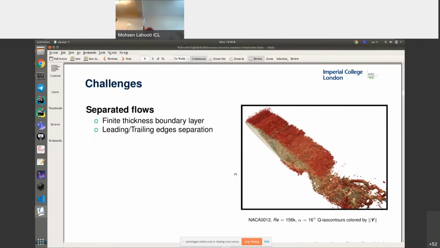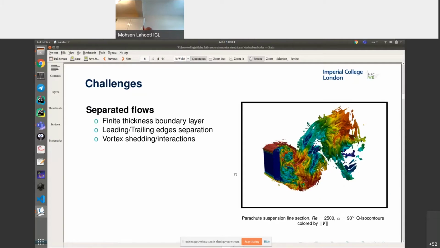In this situation, the challenges start with the separated flow. We have a finite thickness boundary layer. We cannot use the low-fidelity approaches that are usually based on the potential method. They don't give us an accurate prediction of the flow dynamics and the forces on the structure. We have leading and trailing edge separation.